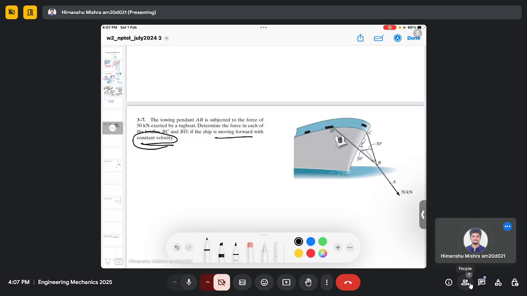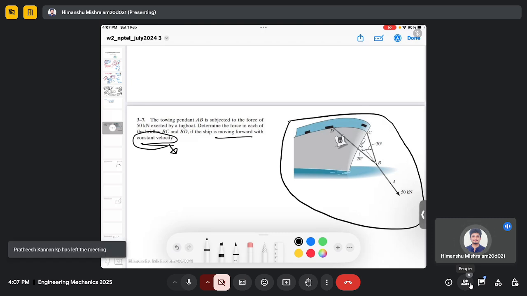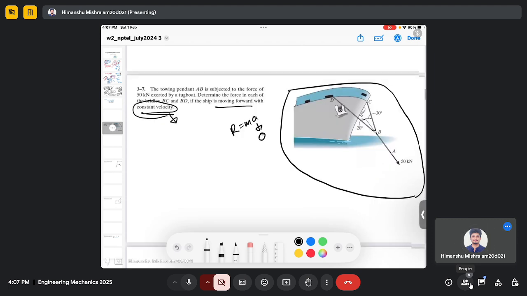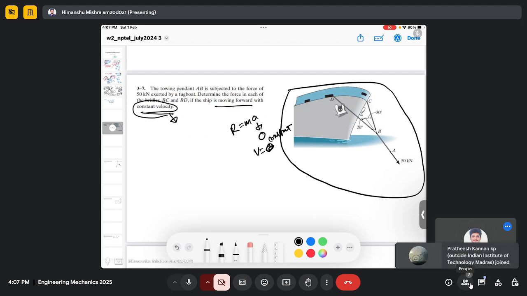As you can see in the question, it is given that the ship is moving forward with a constant velocity. The constant velocity ensures that the whole system is in equilibrium because there is no resultant force acting on the system. I should say no total force is acting on the system, which ensures the acceleration of this ship is 0, and due to this the velocity of this ship is constant, and therefore we can use the equilibrium equations.